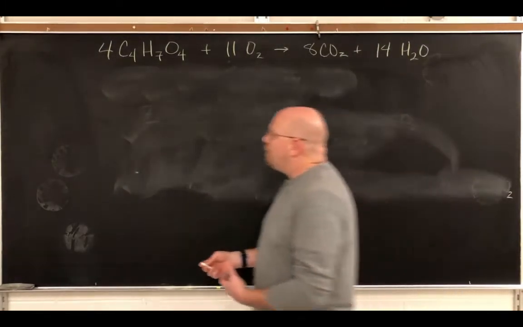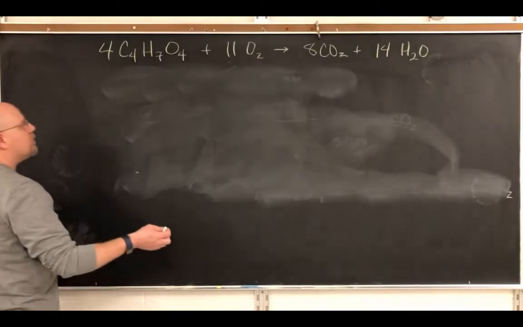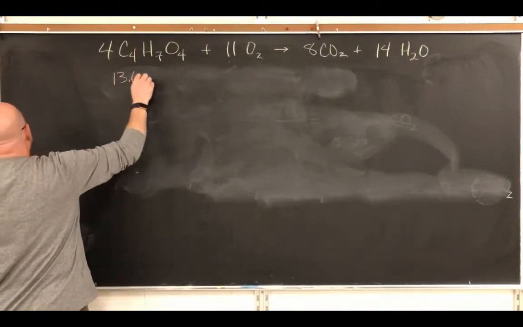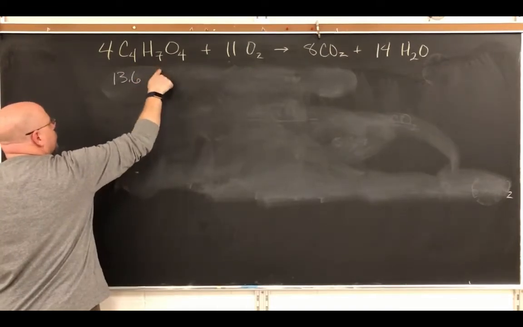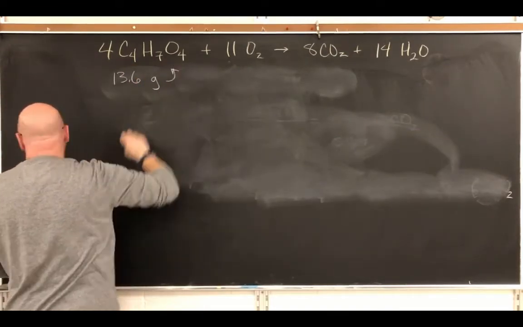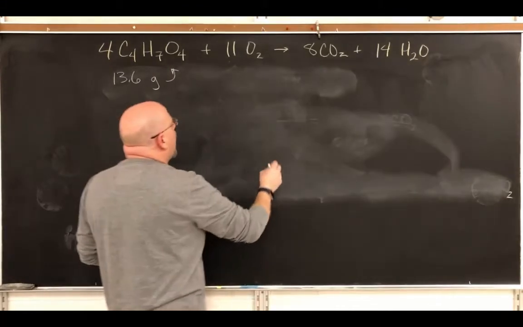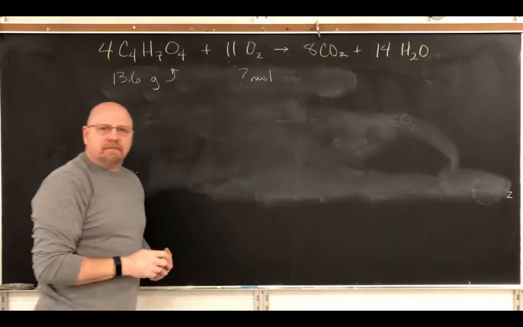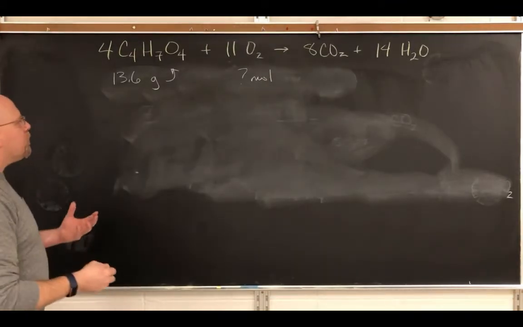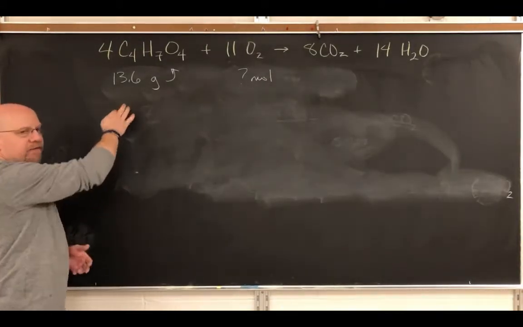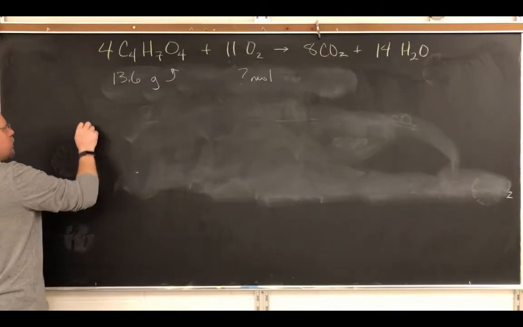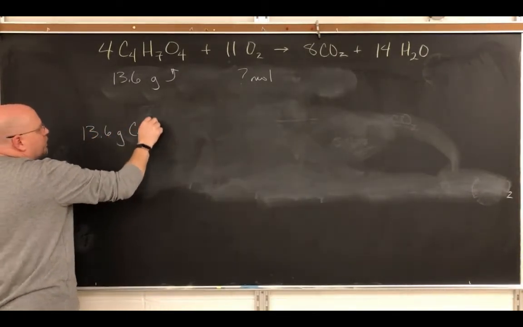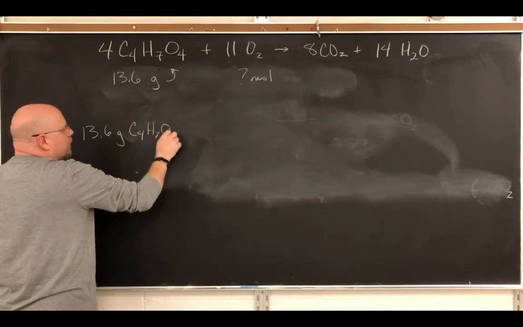So the first question that I'm going to answer is if you had 13.6 grams of this compound and you wanted to find out how many moles of oxygen, we would start off with the value we're given, as always. So 13.6 grams of C4H7O4.